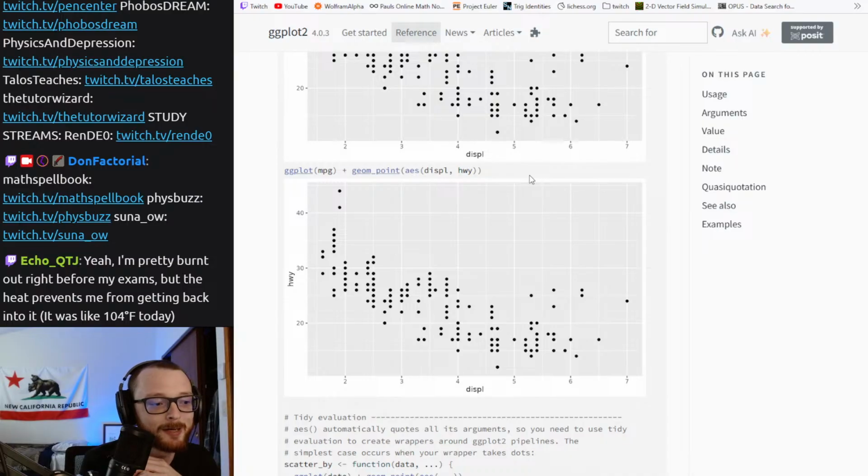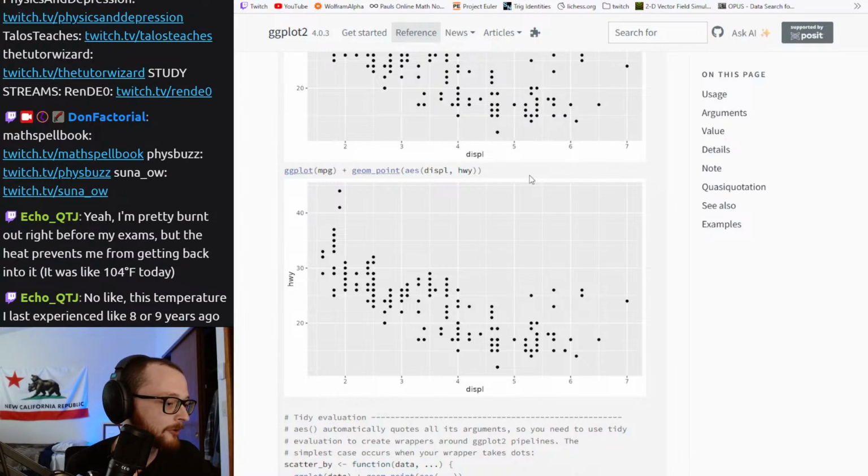I'm really thankful right now that where I am, it's actually rainy, and it's currently 65 degrees Fahrenheit, which is kind of perfect. Earlier in the week, it was getting into the 80s, and I wasn't happy about it, but it's pretty nice right now.